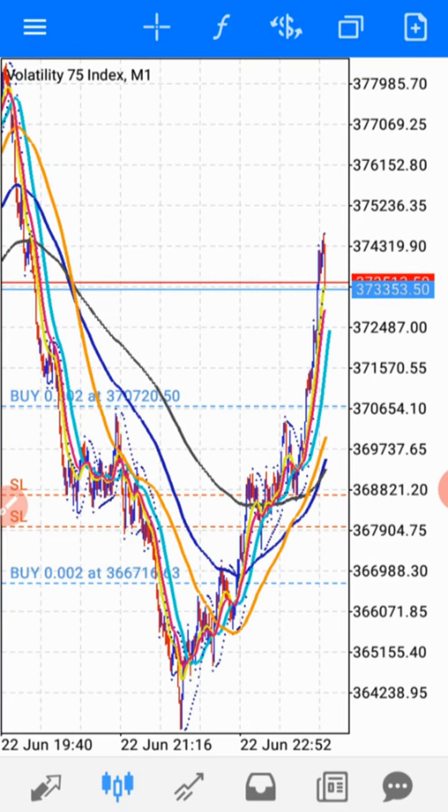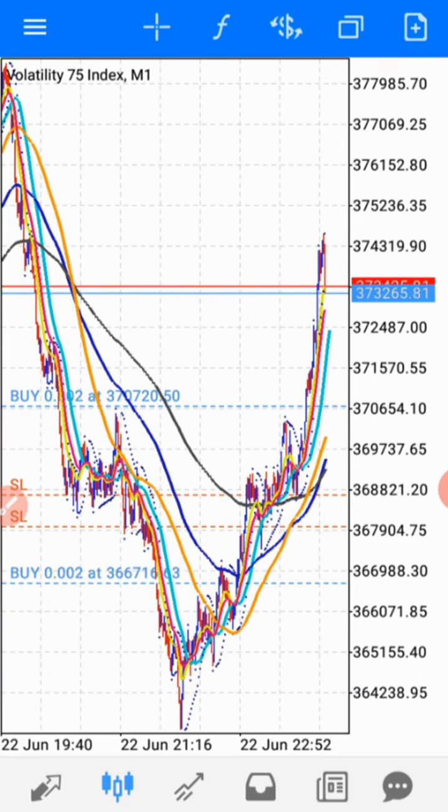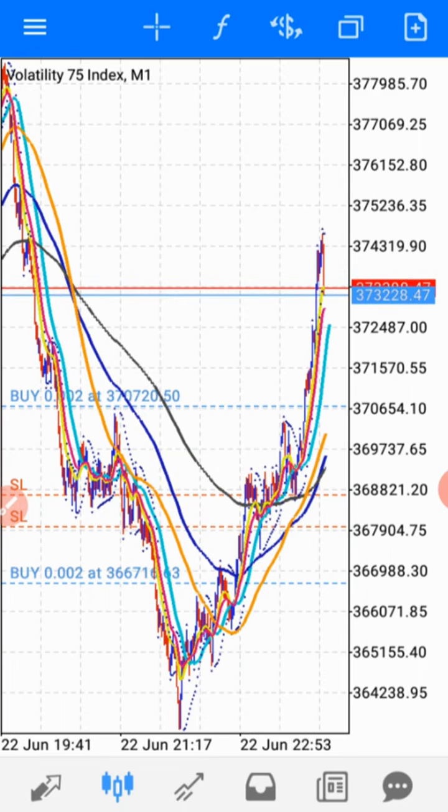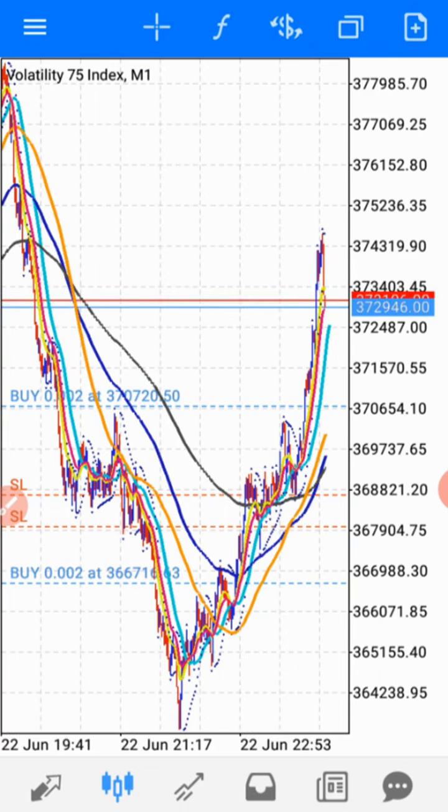Like 1 minute now, this one is 1 minute, and we are using 1 minute because V75 is a volatile market. Are you getting me? So that's why you use the one minute time frame, because you know it can just go pump. You can't compare it with how it's going to run on forex. So that is why we use one minute.